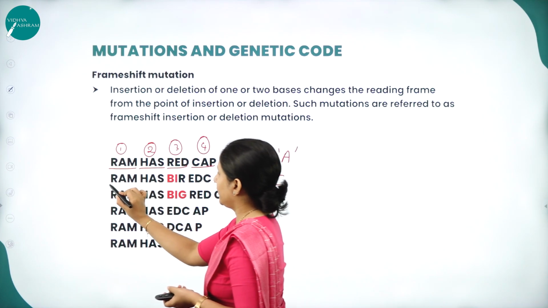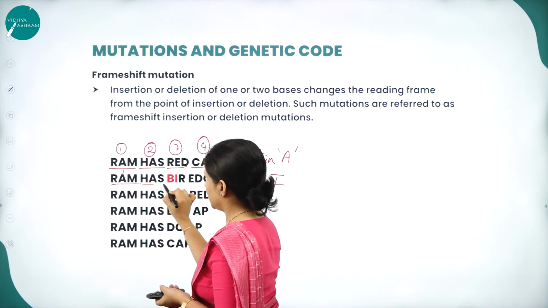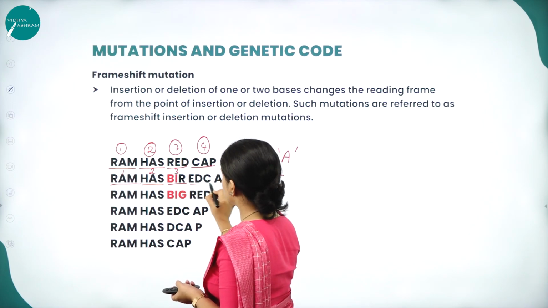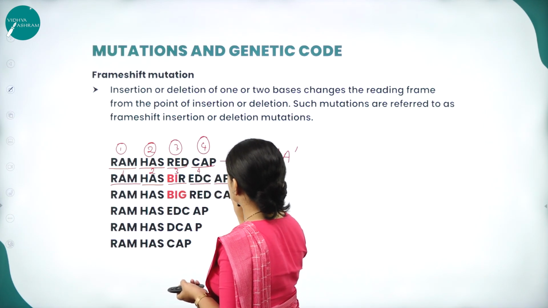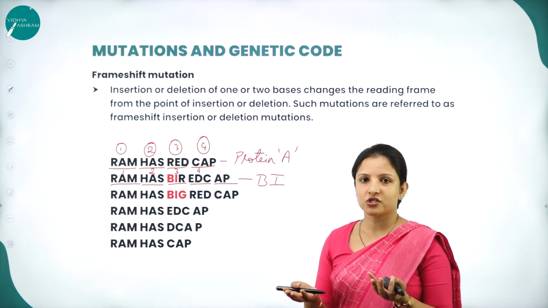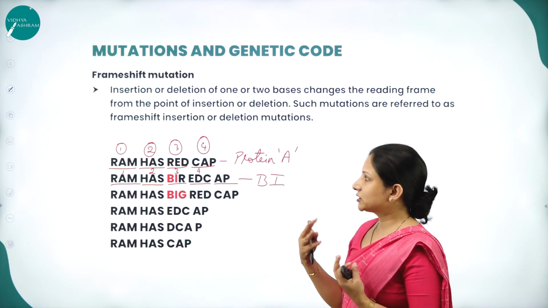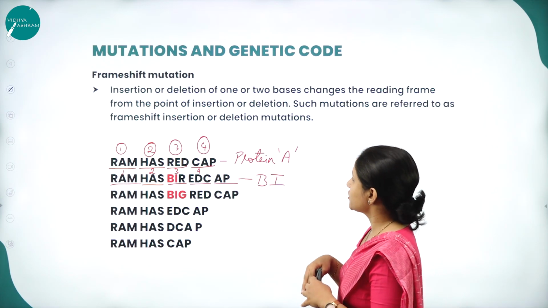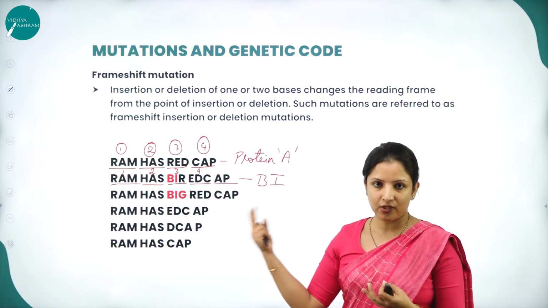Now, Ram will become 1. This will become the second genetic code. BIR will become the third. This will become the fourth, and so on. So now here the entire frame itself got shifted, right? So this is called frame shift mutation. Here insertion or deletion of one or two base pairs will happen.